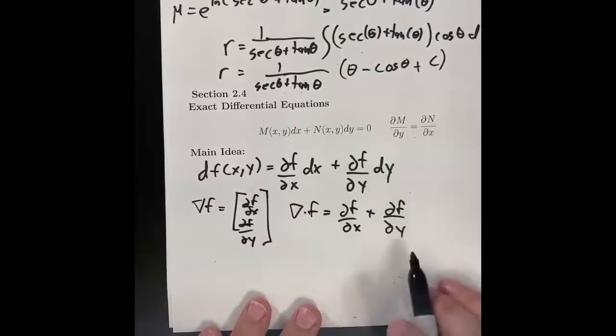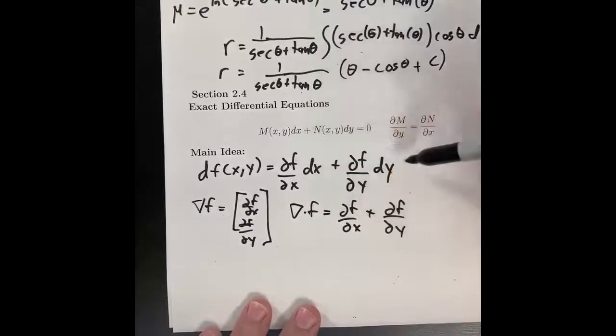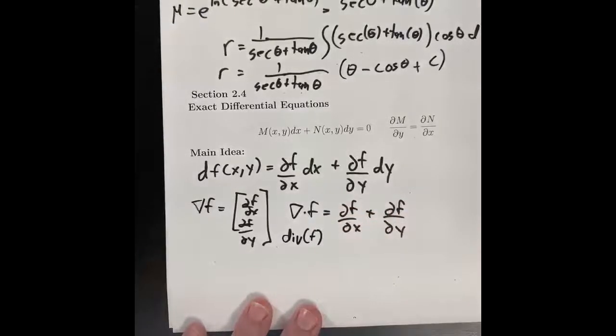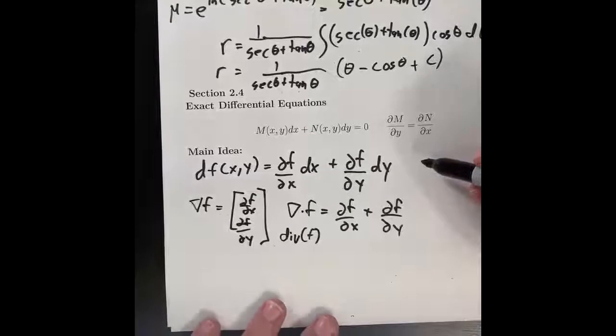In some sense we're leaving these infinitesimal derivatives in here, but it's somehow related to these two ideas. This is the divergence, sometimes written as div f, and this is the gradient. Yeah, so it's kind of a weird way to write a differential equation.